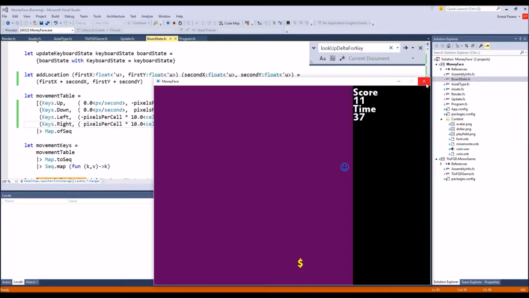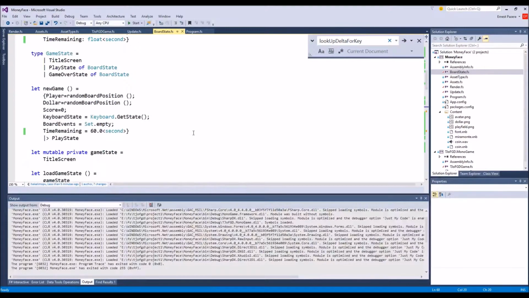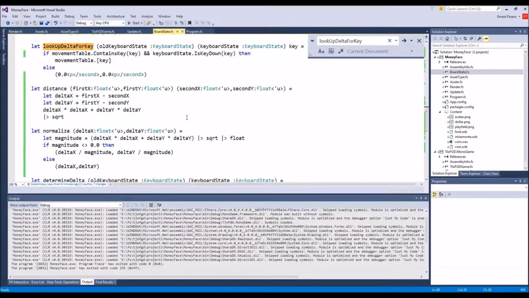So, what did we do that's wrong? Normalize. Okay, normalization. So I take the deltas, I take the square root, and that should really work.